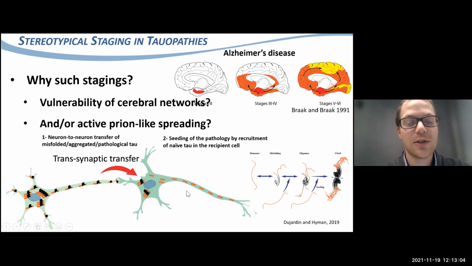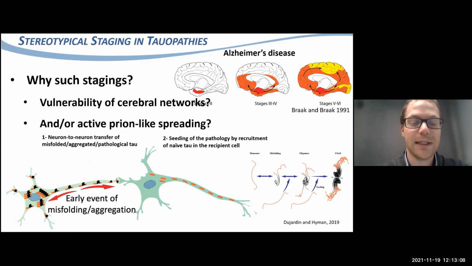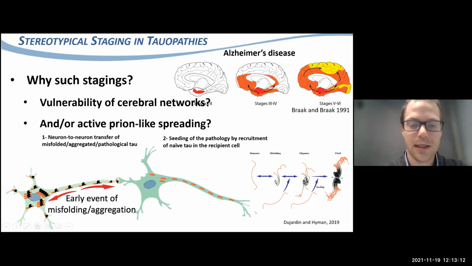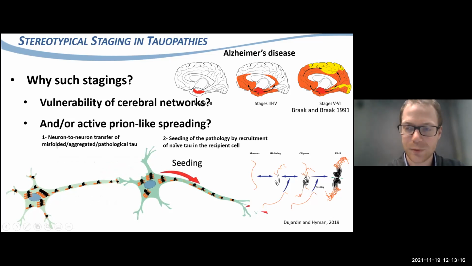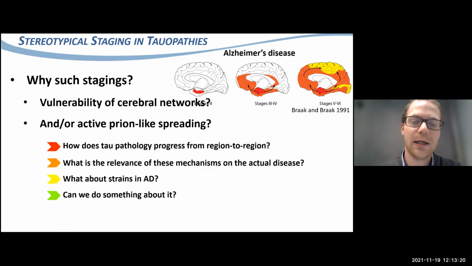And in the second neuron, you have a recruitment of naive tau into misfolded aggregates, in a mechanism that is called seeding. So that is represented here.